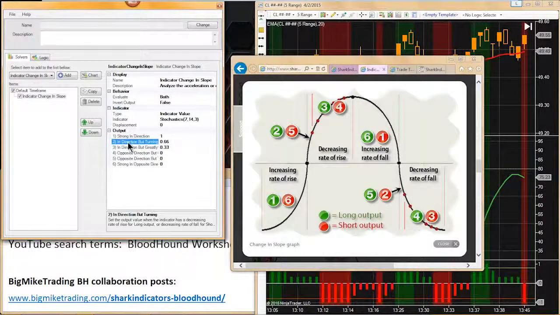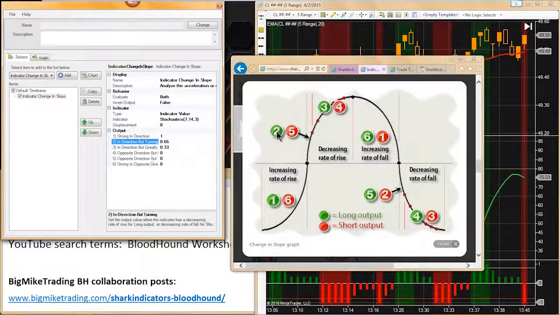So I'm putting 0.66 in 2 and 0.33 in 3. And if you look at the graphics here, we talked about number 1. So output number 2 is the green number 2 there, or the red number 2 over here, depending on if you're rising or if the slope is falling.